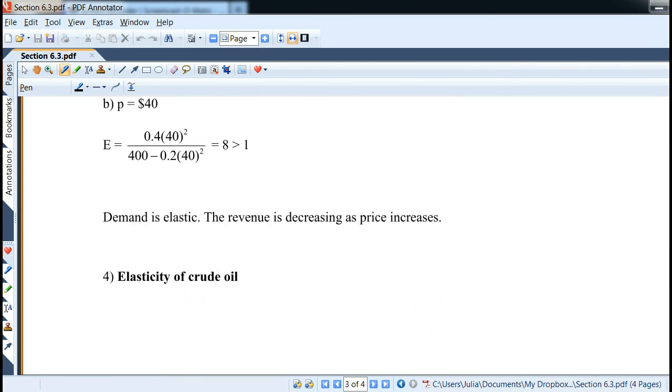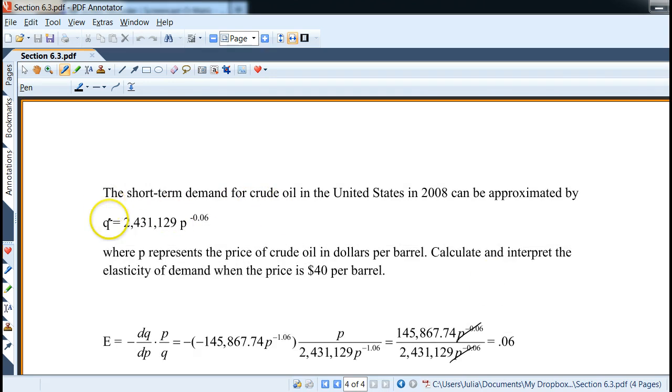And here's an interesting problem, elasticity of crude oil. We have this equation that models the demand for crude oil in the United States in 2008. Notice how it's P to a very small decimal exponent. We can still calculate the elasticity. When we take the derivative, the derivative would be negative 0.06 times that 2 million, so I got negative 145,000.867.74 P to the, if you decrease the exponent by 1, negative 1.06 times P divided by the equation.